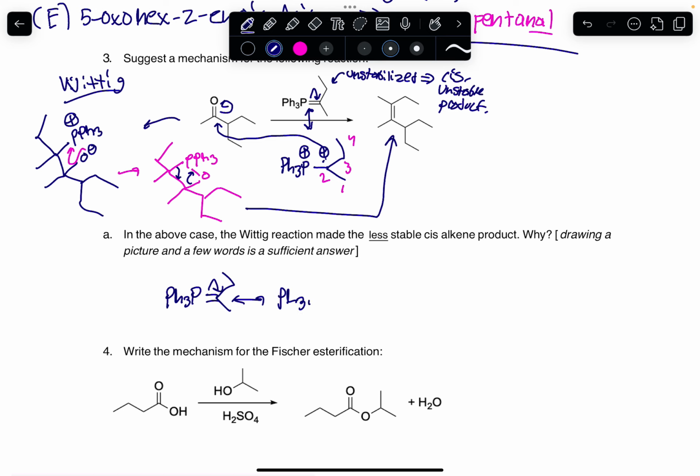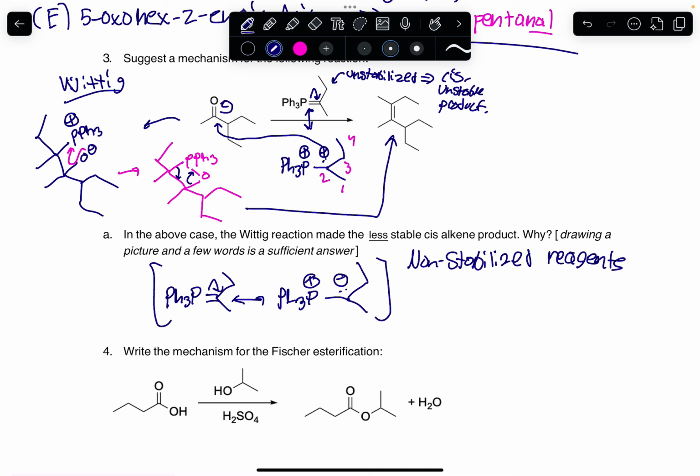When we draw the resonance structure, here's the picture I wanted you to draw. When we draw that resonance structure, we end up with non-stabilized ylid. So I'm going to say non-stabilized reagents give non-stable products.